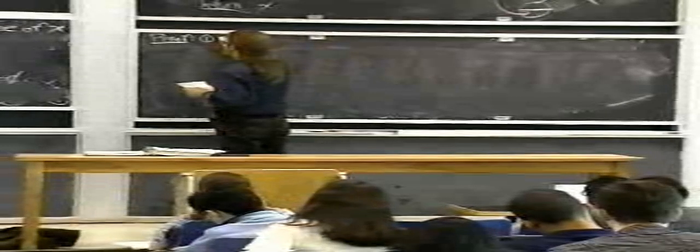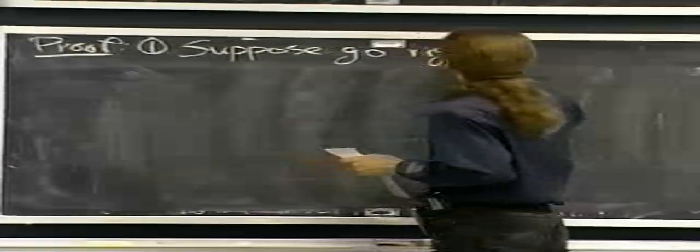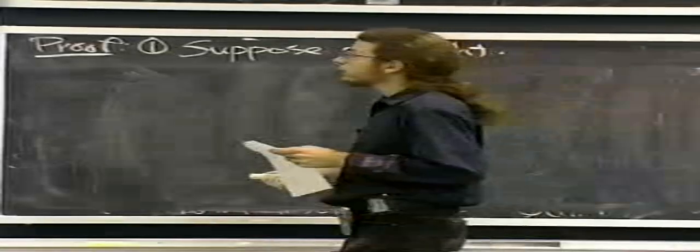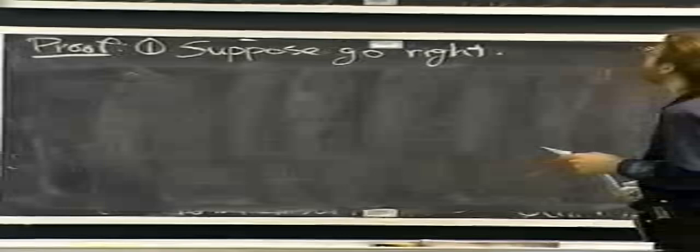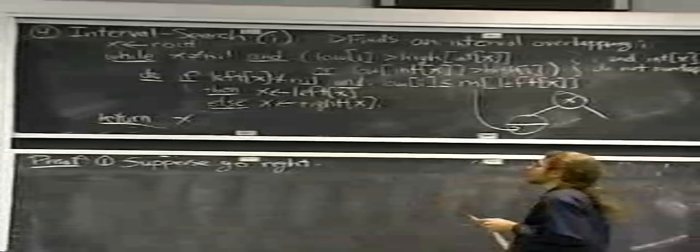So the first case is, well, let's suppose we go right. Okay. We have the algorithm here. When would we go right? There are two cases. We go right whenever this condition, this AND, comes out false. So it could be the left part comes out false or the right part comes out false. In either case, we go right.